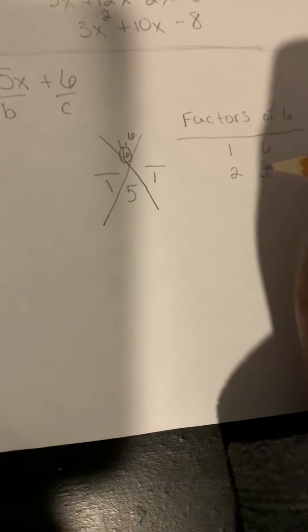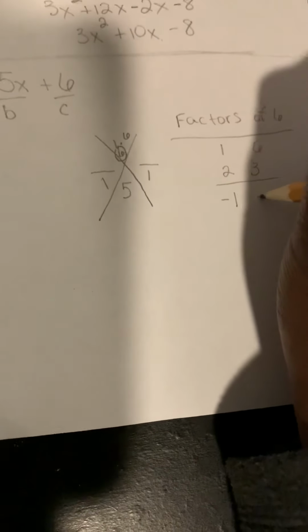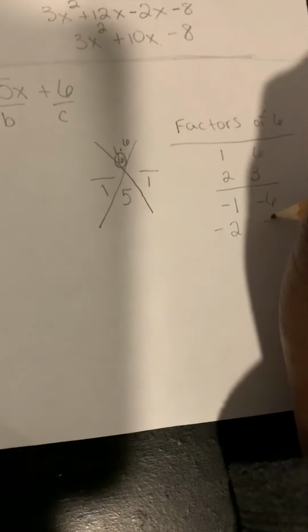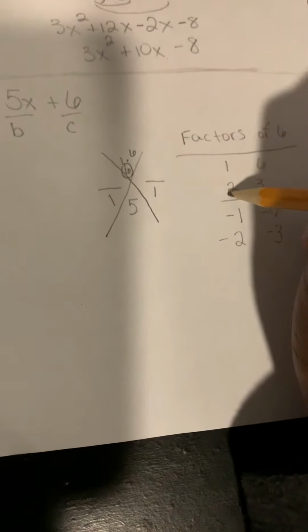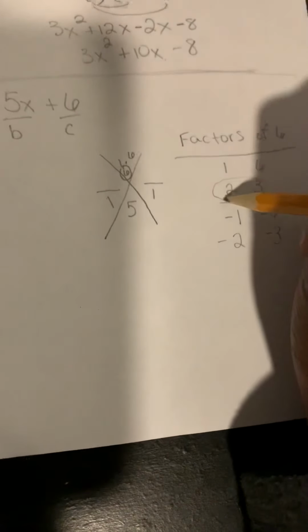We have 1 and 6, 2 and 3. We found 2 and 3, but also remember, anytime you have a positive number, the factors can also be the negatives. So you have negative 1, negative 6, negative 2, negative 3. But if you add these to get 5, you see it's 2 and 3.